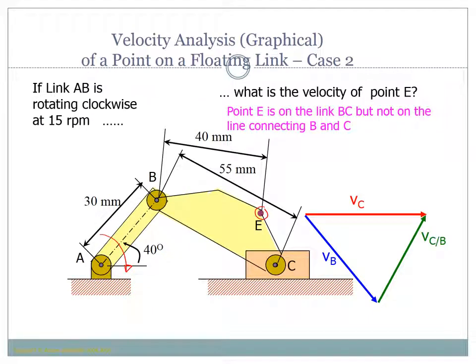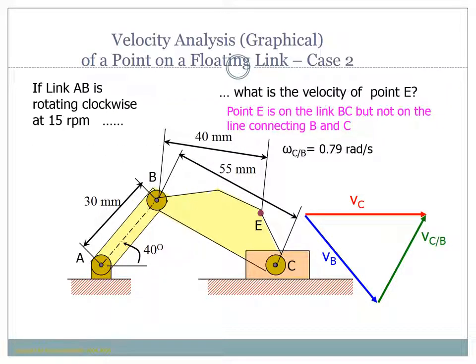Point E is on the link BC but not on the line connecting B and C. It is offline. Previously you already defined VCB, but now this is not in line with it.